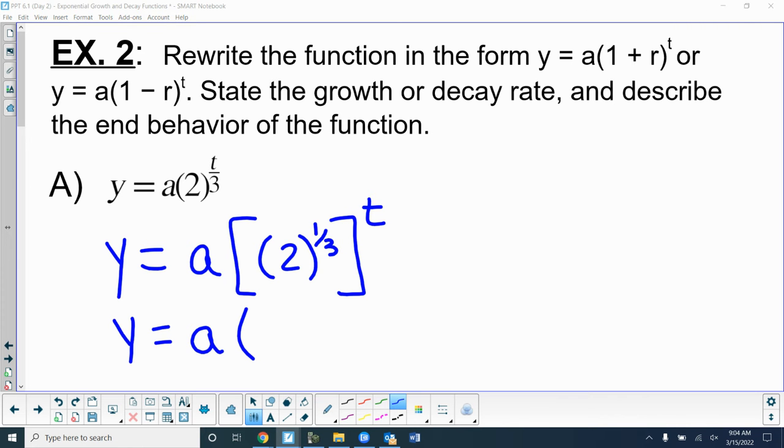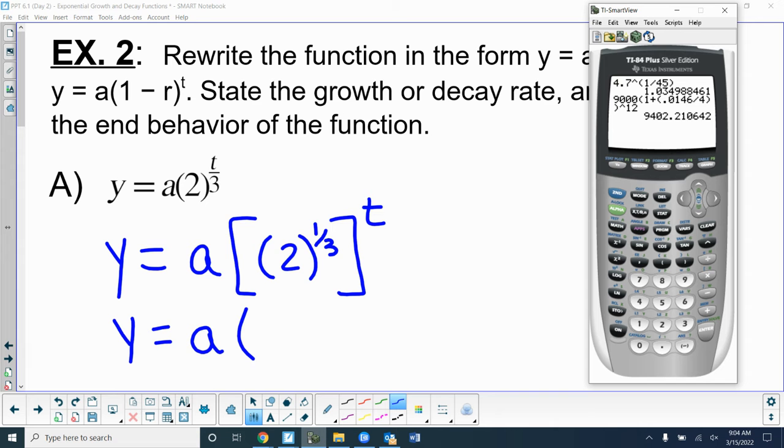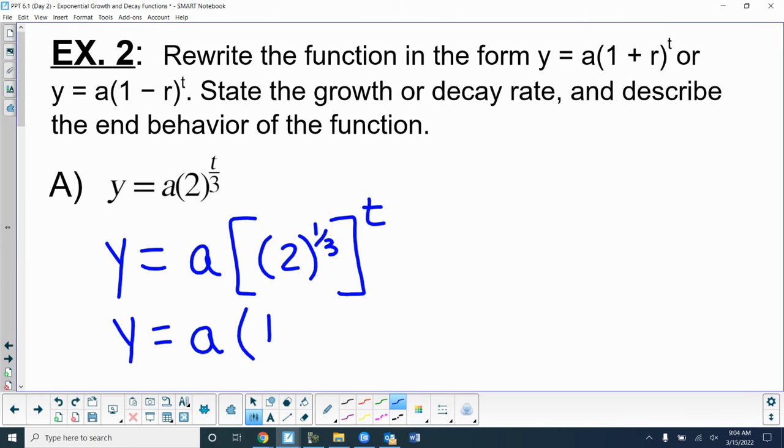So go back to my calculator and do 2 to the 1/3 power. In my calculator, you have to put parentheses around it. Some of you don't have to do that parenthesis part. So 1.2599 is what I get.